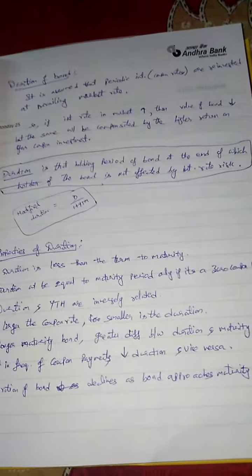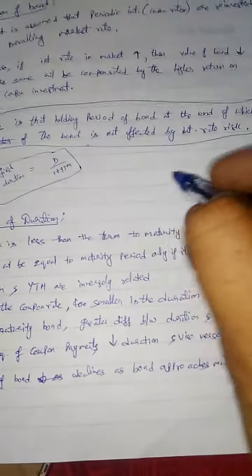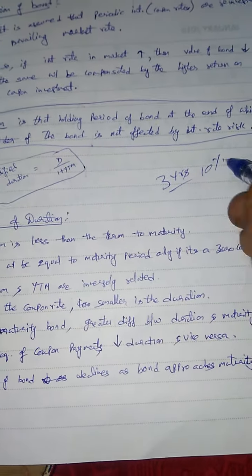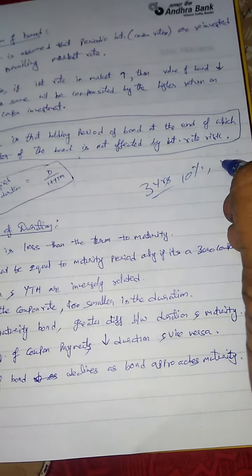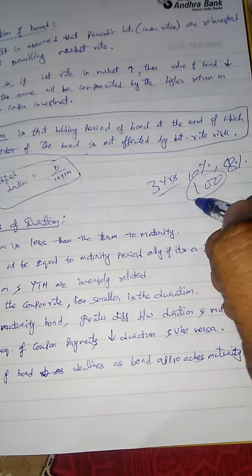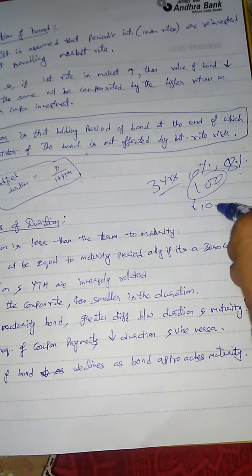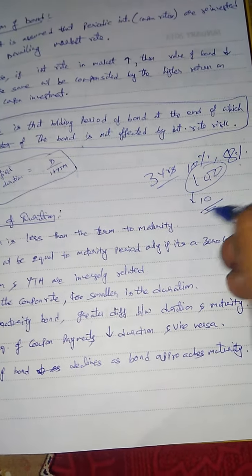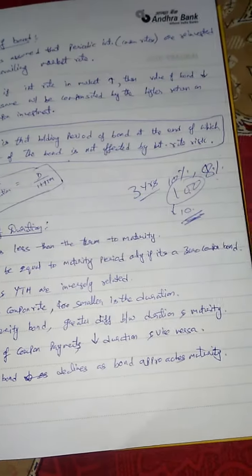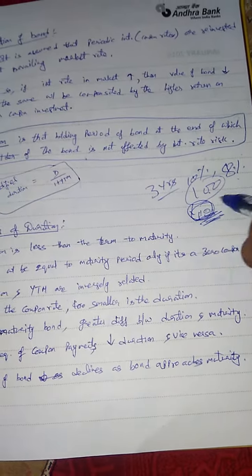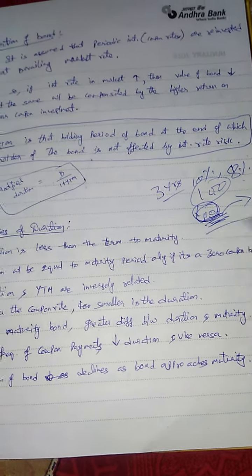Now what is this? See, in bond, we take an example of a 3-year bond having a coupon rate of 10% with market rate say at 8%, par value 100. In this case, I am getting 10 rupees each year, right? Par value 100, 10% coupon rate. So I am assuming that this 10 is invested at market rate every year.